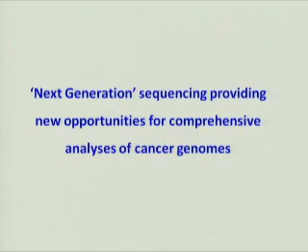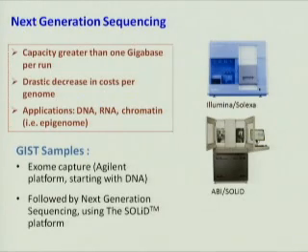For the few minutes left, I just want to briefly update you on our efforts with deep sequencing, or next generation sequencing, which is promising to provide opportunities for a more comprehensive analysis of the cancer genome. We think pediatric GIST is a very good example of how this new technology can be applied to identify more targets.